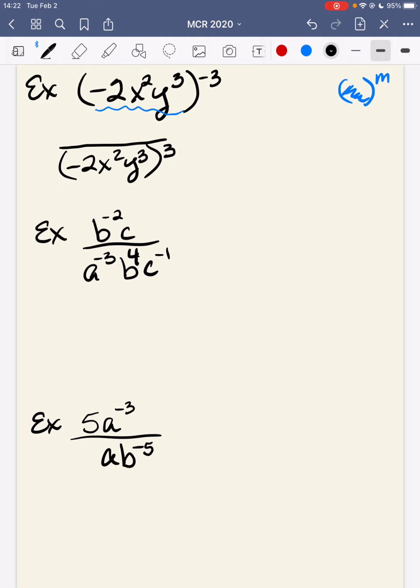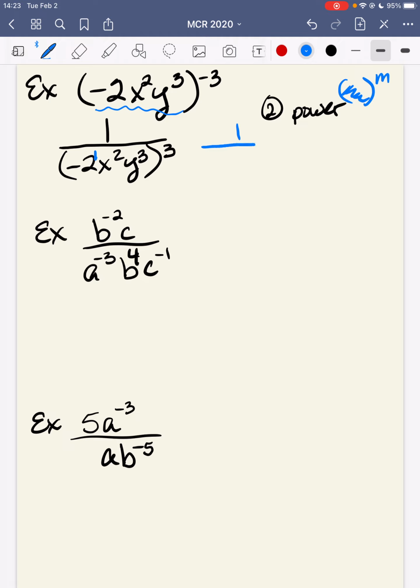Because everything is in the denominator of a fraction, I can go ahead and just put a 1 on top to notate that it's in the denominator of a fraction. All right. Now I have to go ahead and apply my rule number 2, or my power rule, to all the exponents inside. Okay, so my exponent on my 2 is 1, on my x is 2, my y is 3.